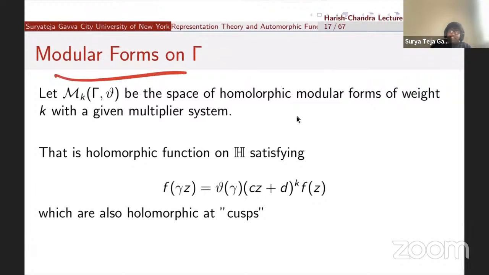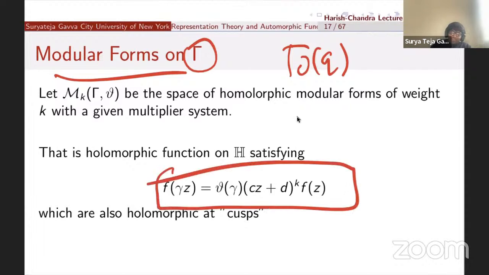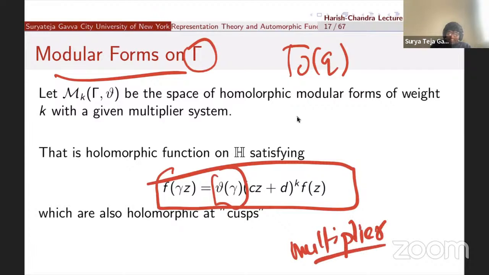But in general, whether gamma is these gamma_Q that I wrote before, or any gamma that you have in mind, you can study this equation: f(gamma z) = (cz+d)^k f(z). You can also throw in some extra factors here; these are called multiplier systems. I'm going to skip that.